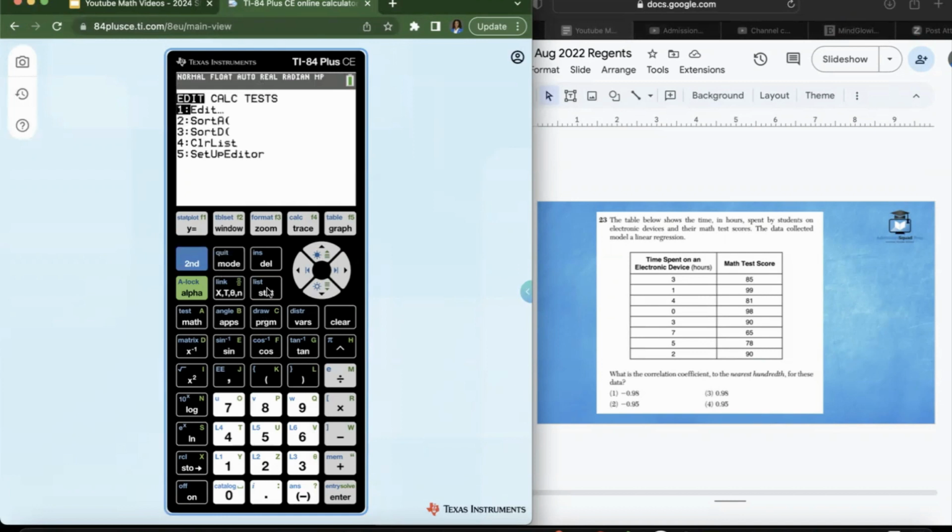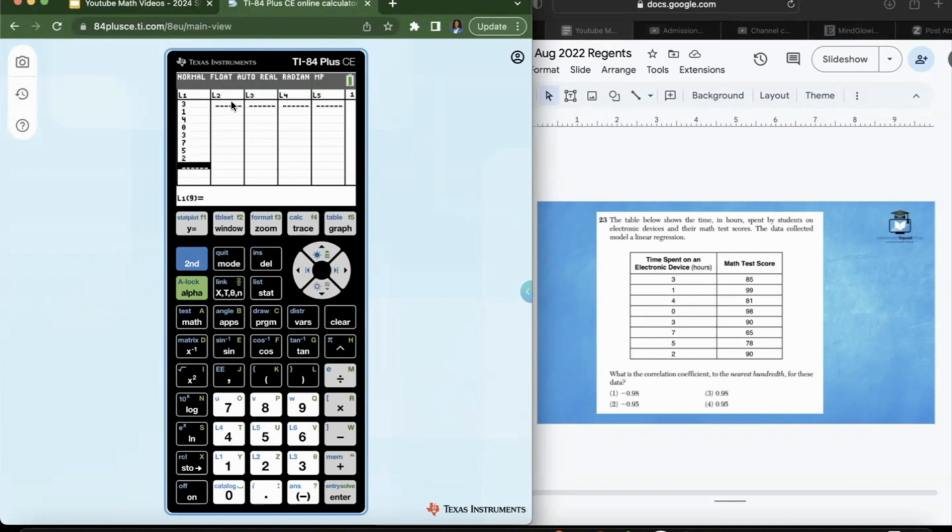You're going to hit stat, and number 1 is edit. So we're going to press enter. All of our input values are going to be entered into L1. So we have 3, 1, 4, 0, 3, 7, 5, and 2.